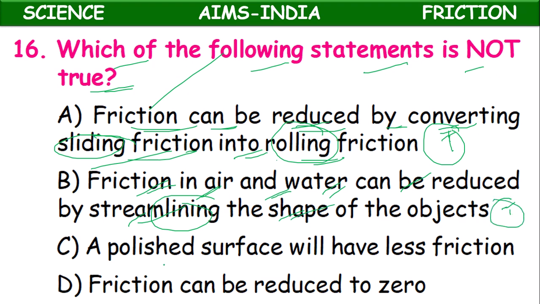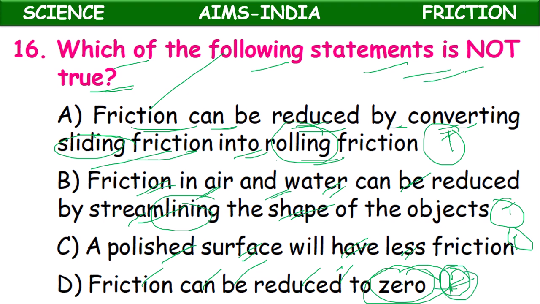True. A polished surface will have less friction. True. Friction can be reduced to zero. Wrong. Friction can be reduced, but we cannot make it completely zero. So this is the false statement. According to the question, which statement is not true, option D is the correct answer.